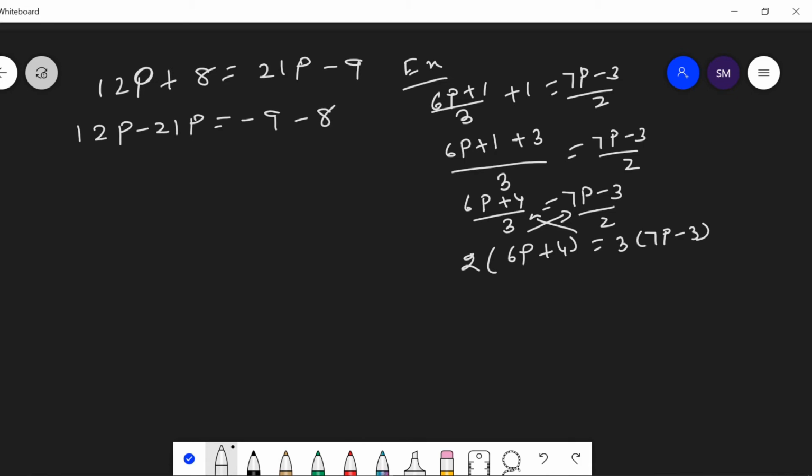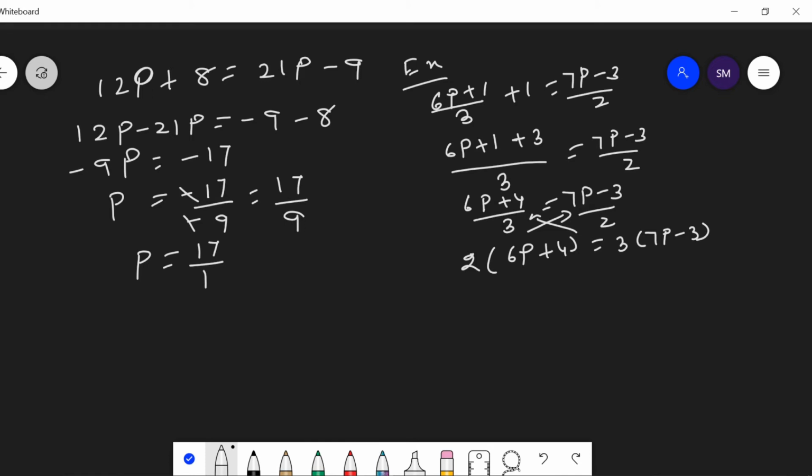As I have told you, when you solve linear equations, keep the variables on one side and the constants on one side. Then 12p minus 21p means minus 9p is equal to minus 17. This means p is equal to minus 17 upon minus 9. Cancel, which is equal to 17 upon 9. You get the value of p as 17 upon 9.